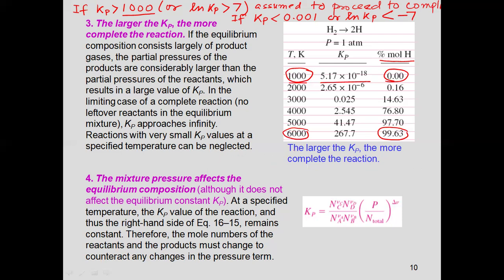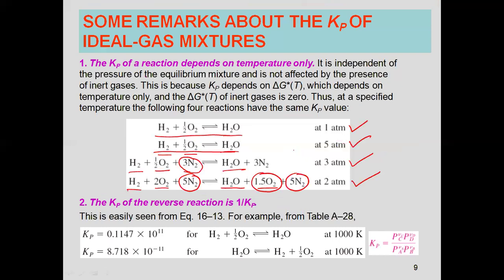Fourth observation: the mixture pressure affects the equilibrium composition, although it does not affect the equilibrium constant. So now we will see this very importantly, very closely. In point 1, what we had seen is that the Kp value is dependent on temperature, it is not dependent on pressure.